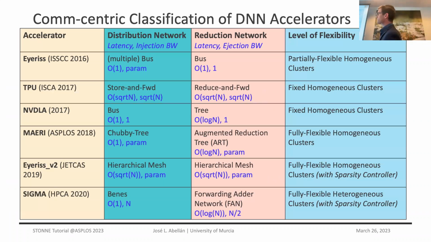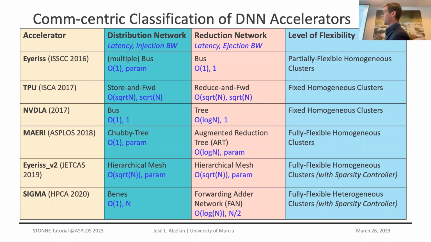And if we take a look at the different accelerators that have been published, and others that are in academia and industry, we can see multiple options in terms of topologies for the distribution and reduction networks and the level of flexibility that we can achieve. In this presentation, we are going to focus later on the MAERI architecture and also the SIGMA architecture. The first one can provide fully flexible homogeneous clusters, and the last one provides that, but also the possibility of heterogeneity, in terms of having multiple size clusters, and supports sparsity.